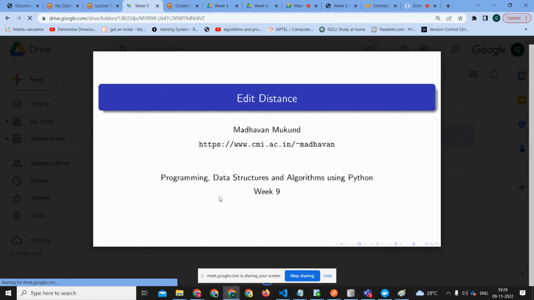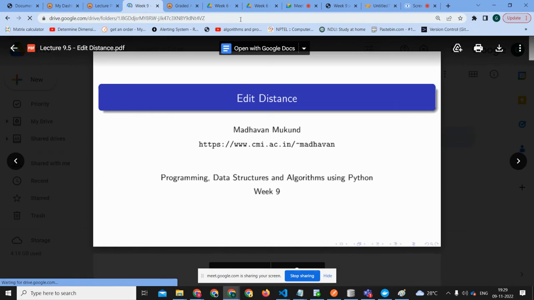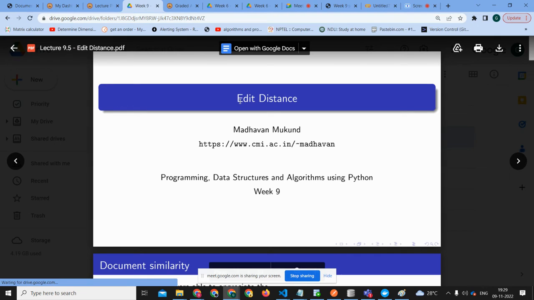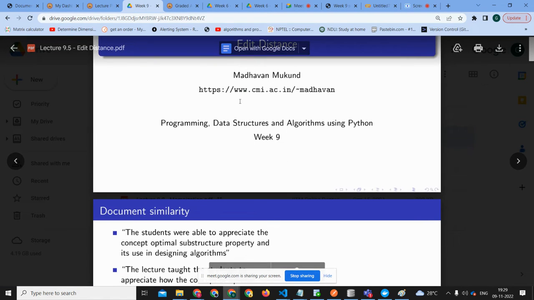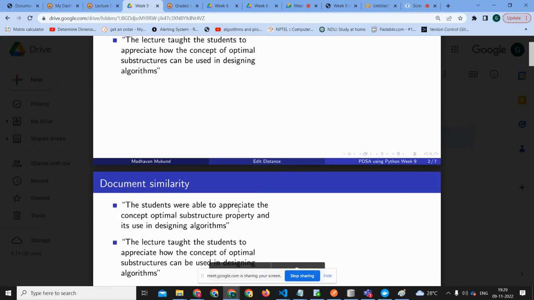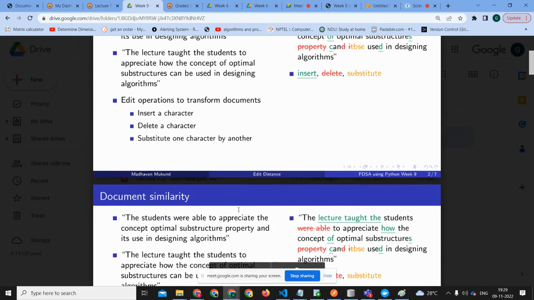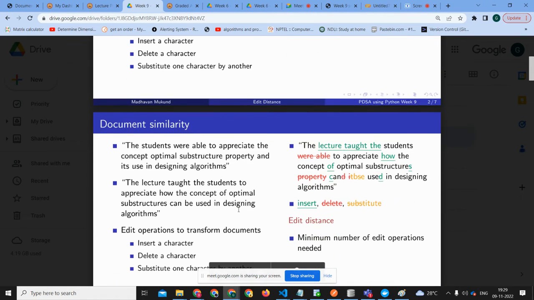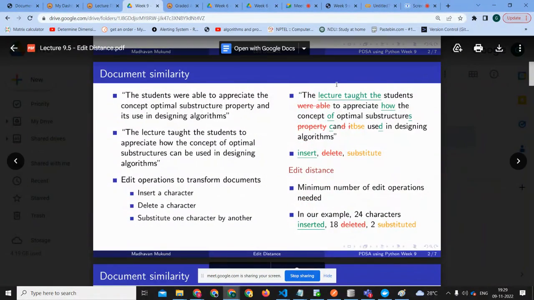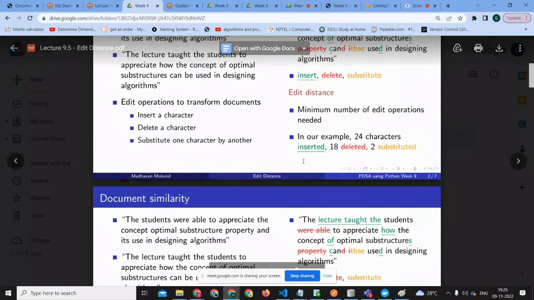So you'll be able to write it. I don't think I have it here.